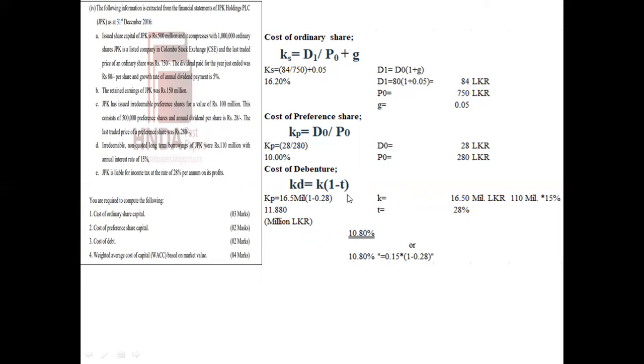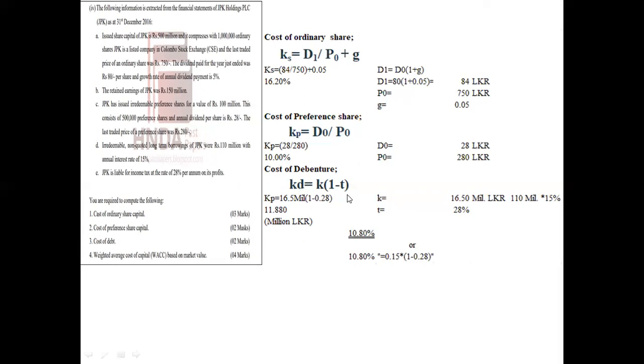As all of you are aware, interest expenses are deductible expenses when it comes to tax calculations. So when we calculate the cost of capital also, we need to adjust for taxation. That's why we are adjusting with this tax rate.